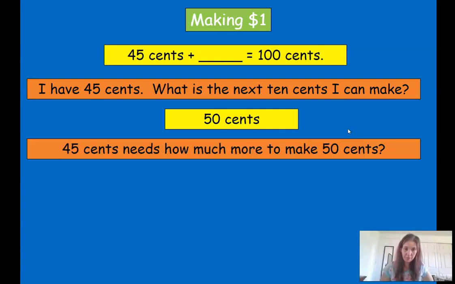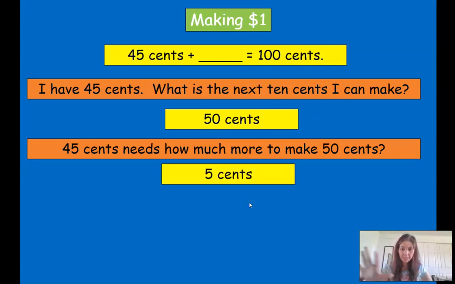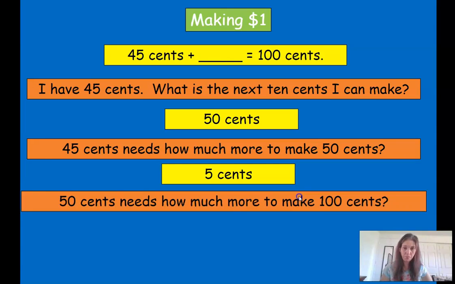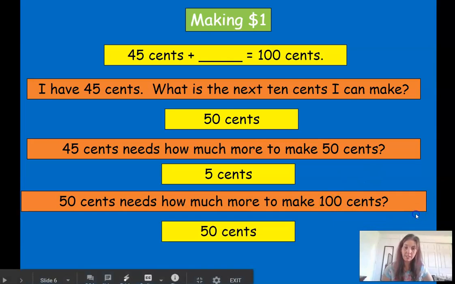Now, 45 cents needs how much more to make 50 cents? On the count of 3. 1, 2, 3. We need 5 cents to get to 50. 50 cents needs how much more money to make 100 cents? 50 cents more.